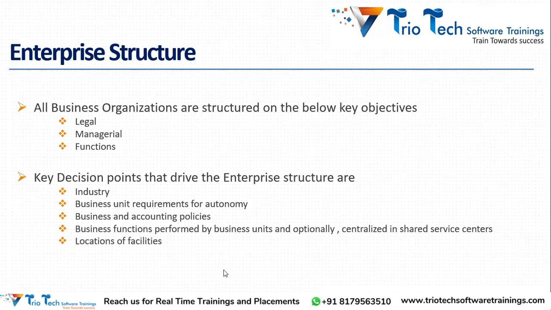The accesses are actually segregated. In the application access, in GL, when you go to the GL workbench or work area, only the GL related tasks you will be able to perform. In the same page, you cannot perform any task for any other application.